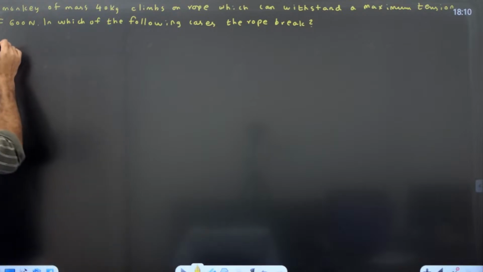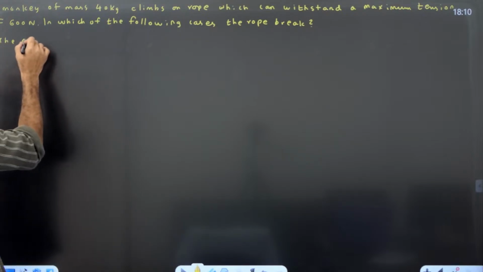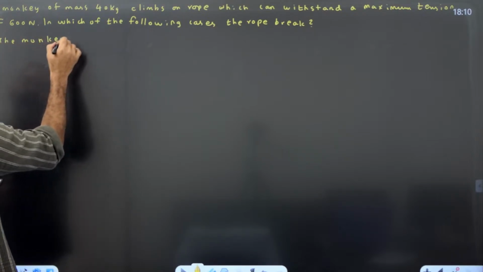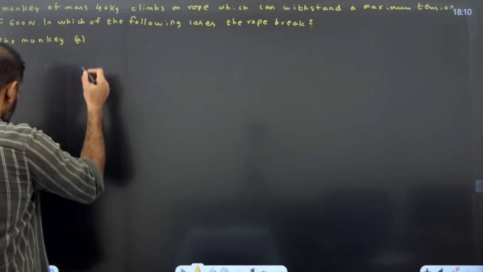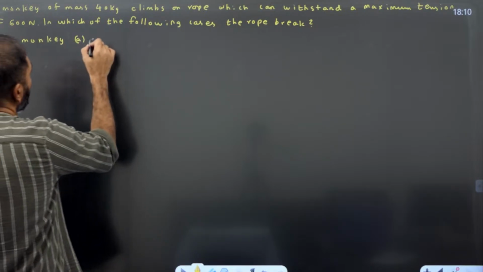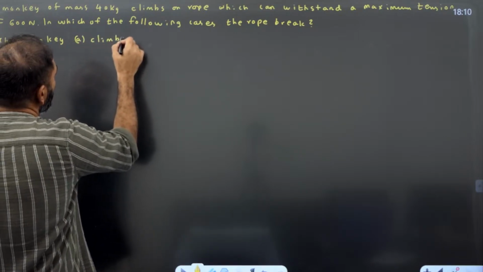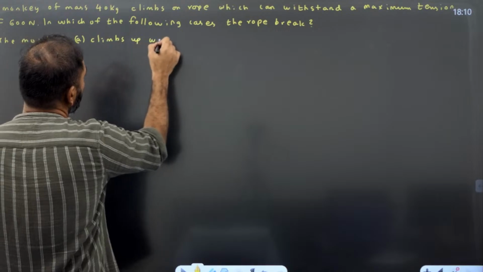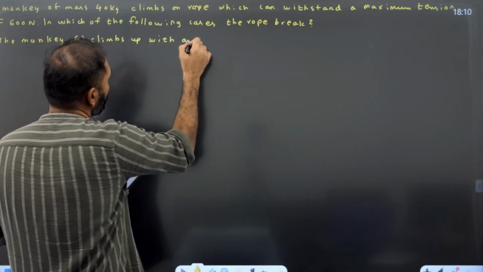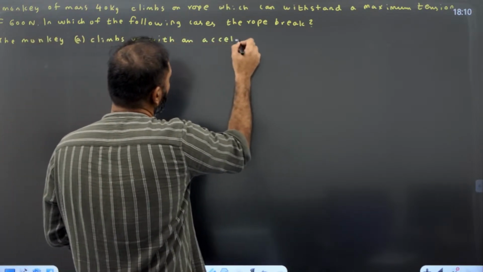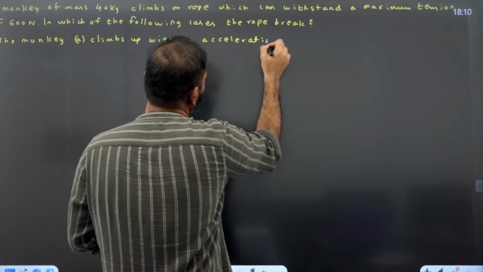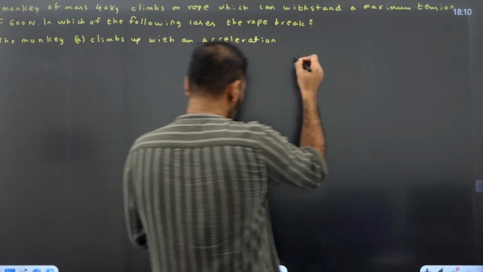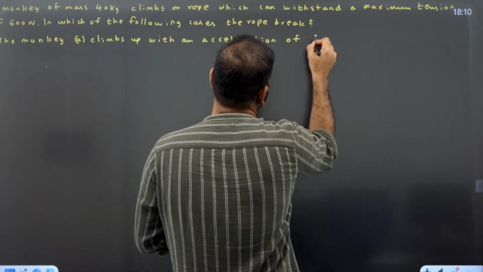First one, the monkey climbs up with an acceleration of 6 meter per second square.